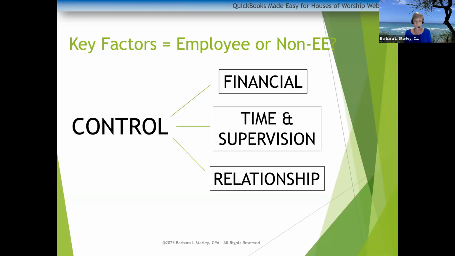What would the individual say if they were asked, well, what do you do for a living? Would they say, oh, I work for the church? Or would they say, oh, I have my own business and the church is a customer of mine, right? So those three areas really determine whether the person is an employee or a non-employee.